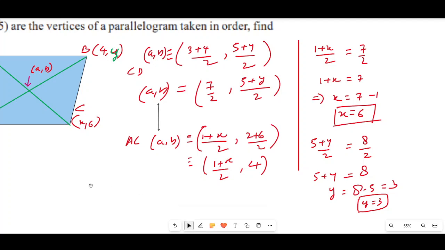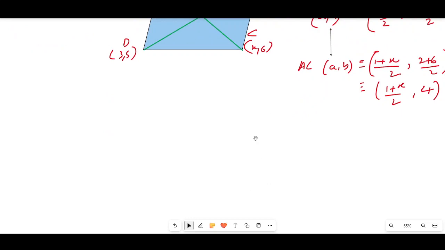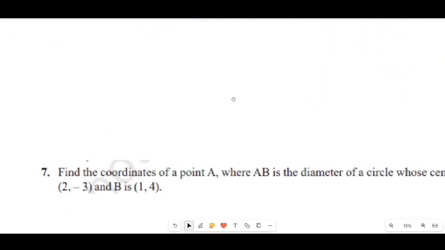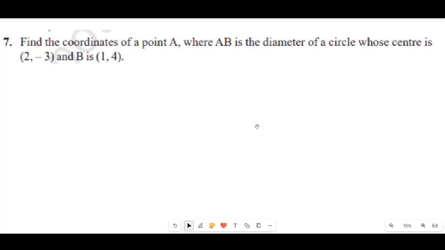Now come to question number 7. Find the coordinates of a point A where AB is the diameter of the circle whose center is (2, -3) and B is given.